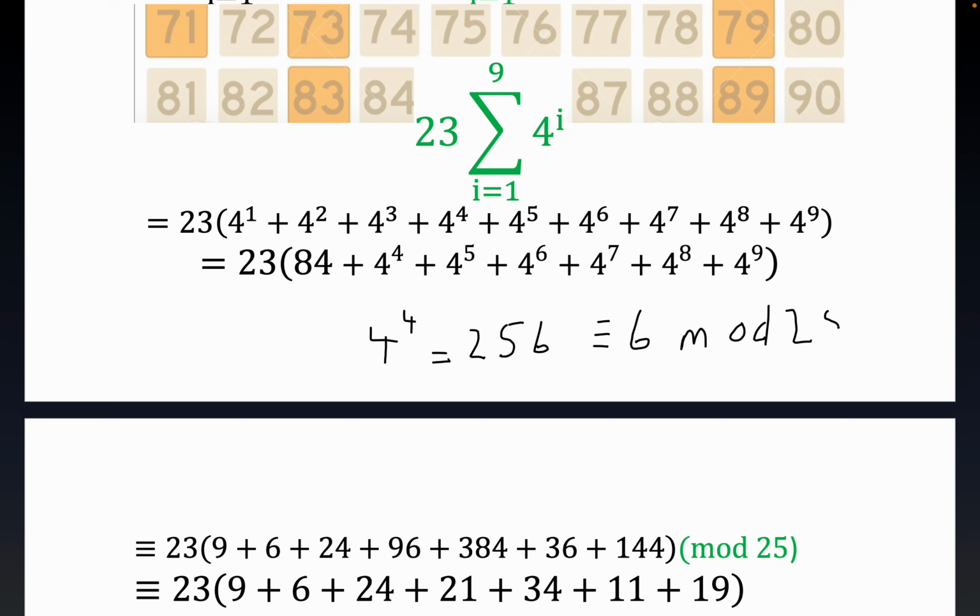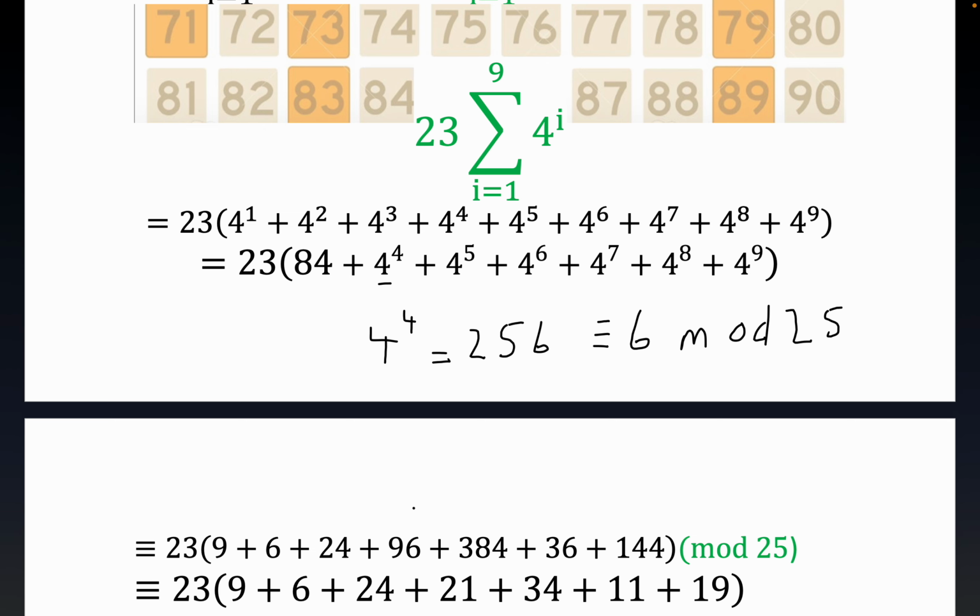So that very useful modular arithmetic reduction idea, you can see what happened here. 4 to the 4th got replaced by 6 here.